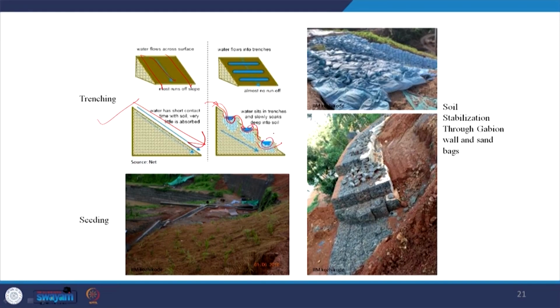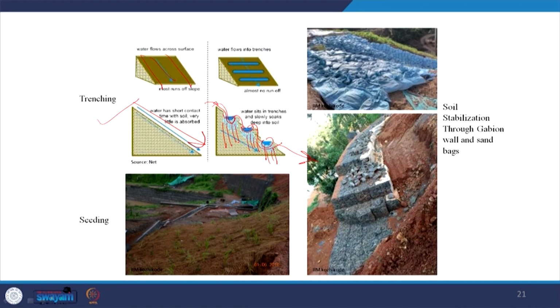So there would hardly be any water which is flowing through the slope, and there will be more percolation down to the ground. So we are allowing for more percolation to the ground, and at the same time we are reducing the speed of the storm water, so that no soil is carried along with the water.